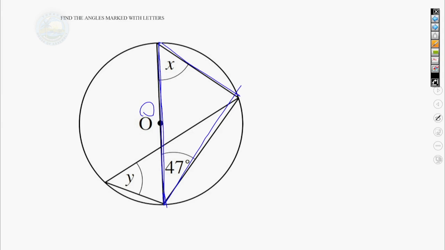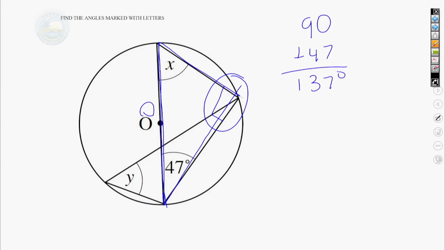So that means that this angle, because it's being subtended by the diameter at the circumference, will be 90 degrees, which means that x will be what is remaining. So 90 and 47 is 137 degrees.